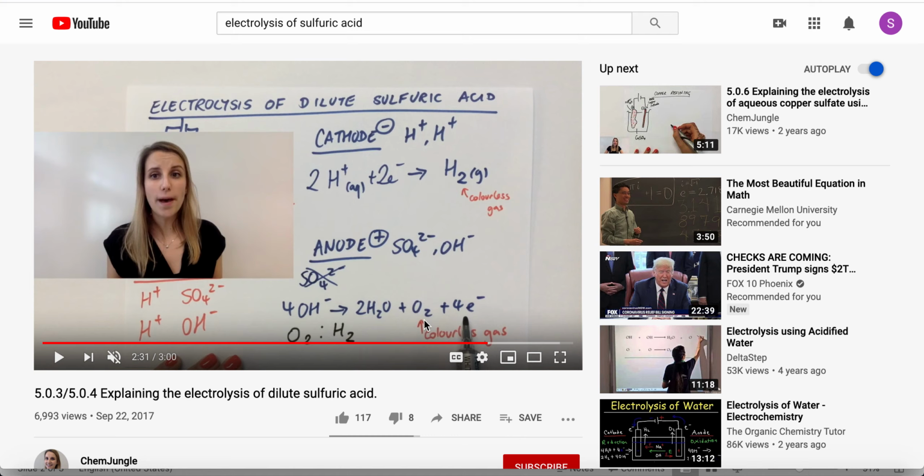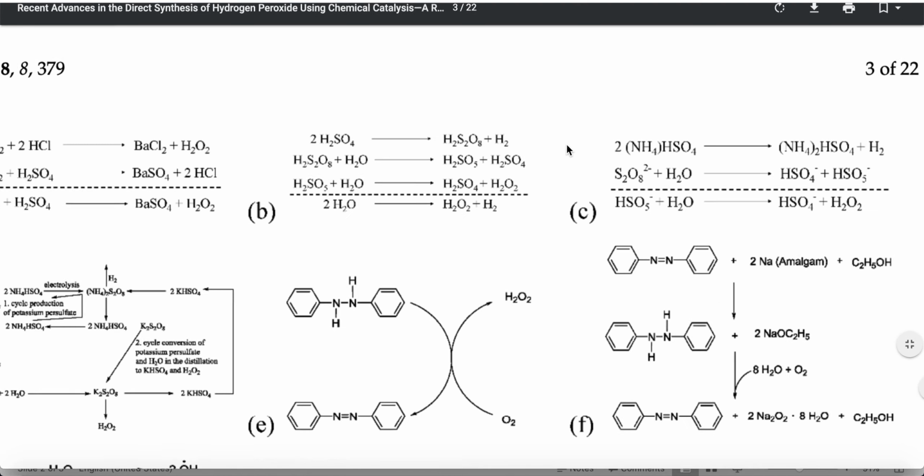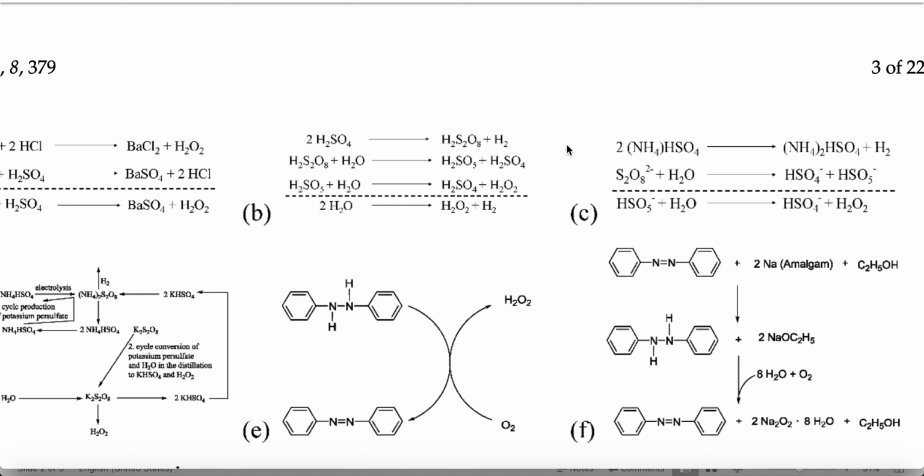You will get oxygen and hydrogen gas at the anode and cathode, but there's no indication of how the peroxide is produced. You have to do your own research on how that is produced, and I spent almost 3 hours just researching how to find this information. So this is H2SO4, and then everything is missing here, and then they produce this, then use this to produce this, and then use this to produce this.